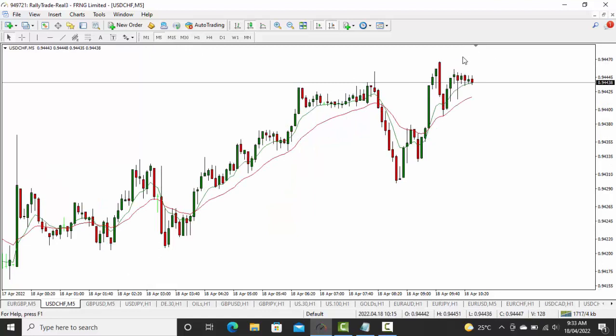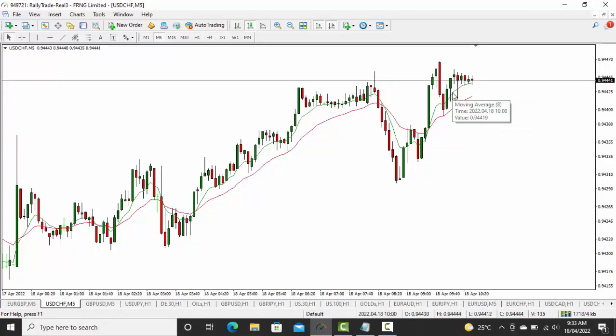This is the 5 minute time frame on USD CHF, and the last candle. Currently on the 5 minute time frame too, we are seeing the green exponential moving average trading above the red. This confirms what we saw on H1 time frame. So this is very good for us.